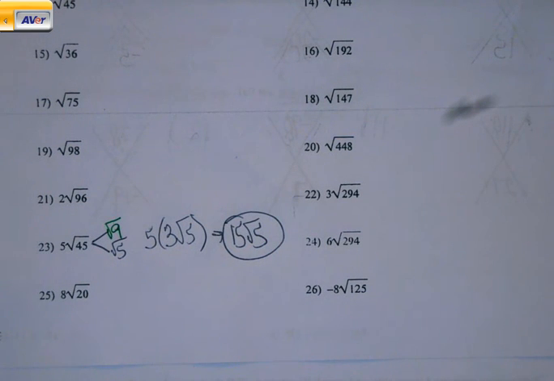So like I was saying, this is a little bit of a preview between factoring, breaking down radicals, okay, simplifying radical expressions that we're going to be seeing in this next portion of our course. I just wanted to get you a little bit of background in it. So play with some of these. See how they go.